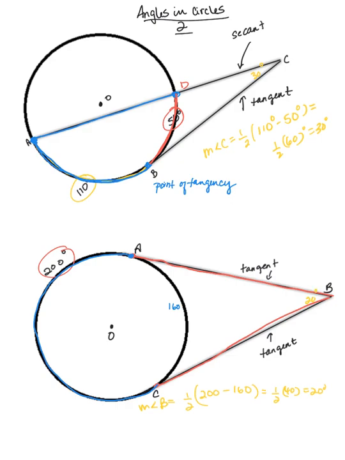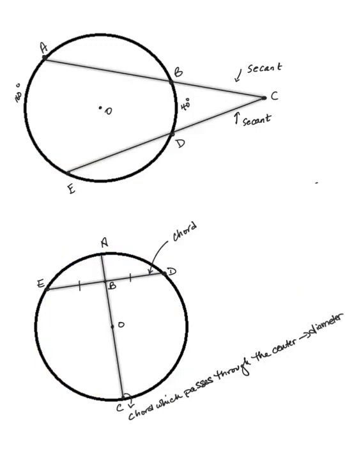So there you have it. So this is a tangent, and the previous problem was a secant tangent. Let's continue on to the next slide. So in the top picture, you have an angle outside the circle. We call these angles outside the circle. That is formed by this secant, A, B, C. And then you have this other secant, EDC. It's the same formula.